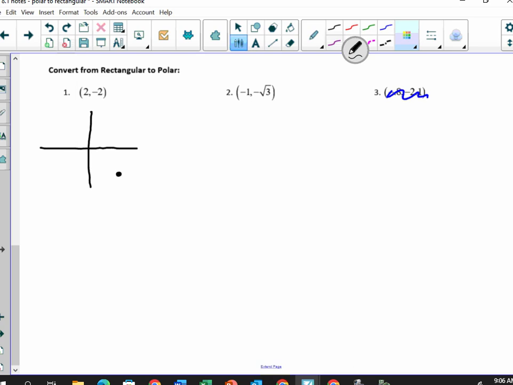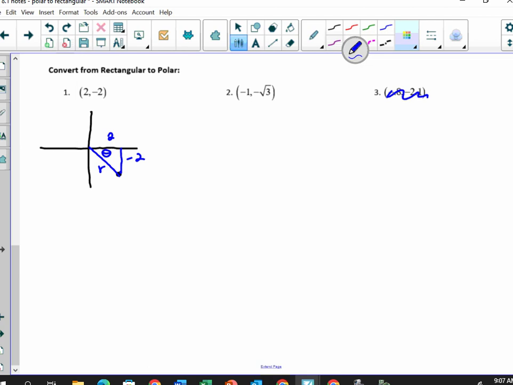We're back to drawing little triangles again. That's a 2. That's a -2. What we're looking for is the r and the theta. If we can find r and theta, then we've converted it to polar.